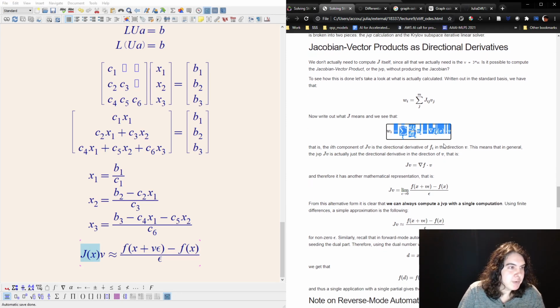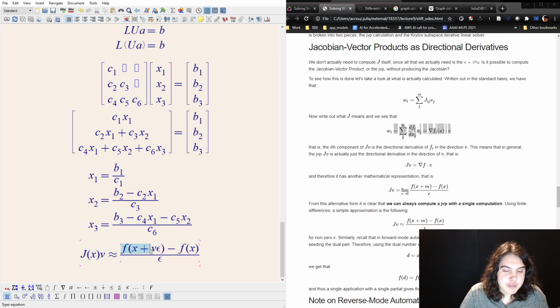That's the derivation that we went through last time. So you can do finite differencing like this, and with two calls to f, you can get Jacobian vector products.